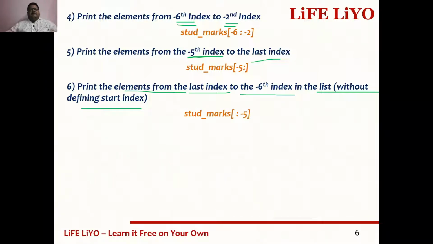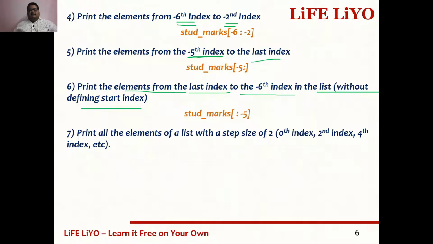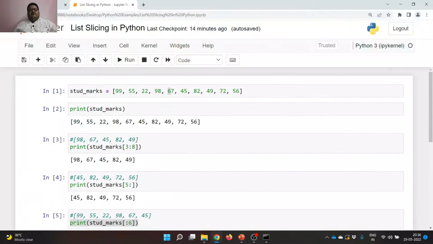That is minus 5. Next, print all the elements of a list with a step size of 2. That is, the first element will be printed at the 0th index and the second element should be printed at the 2nd index and the third element at the 4th index. That means when we use the step size, first it is going to give the 99.